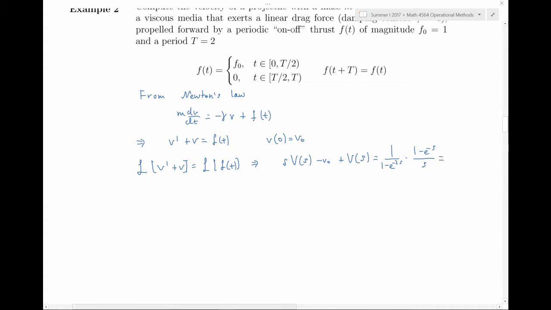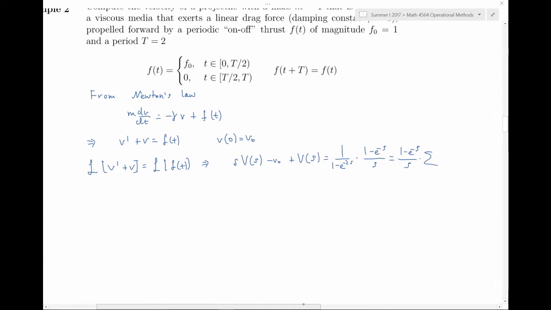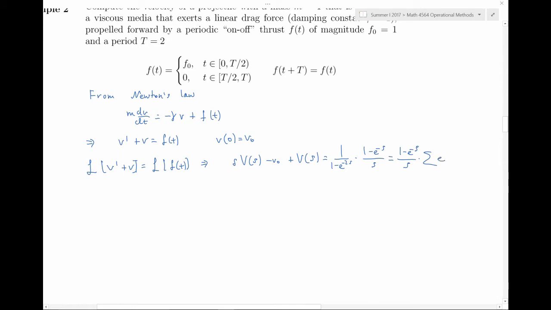Well, I'm going to use the summation definition because this way it's going to be easier to invert the Laplace transform. So it's 1 minus e to the minus s over s multiplied by the summation of e to the minus 2s to the power k, where k goes from 0 to infinity.